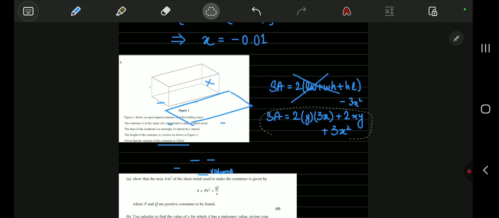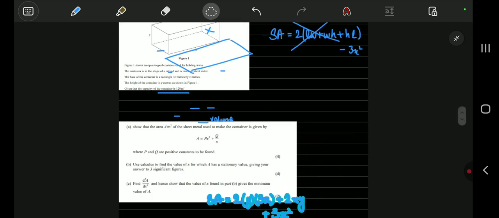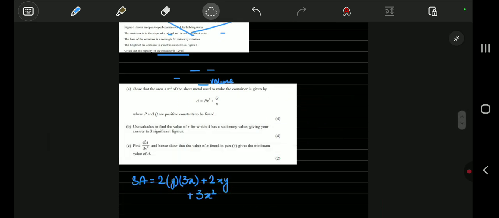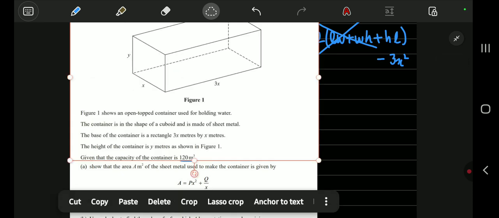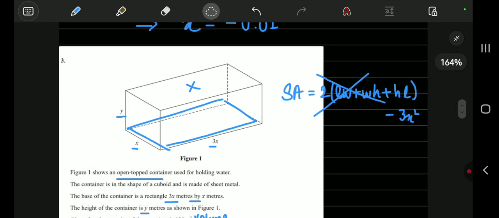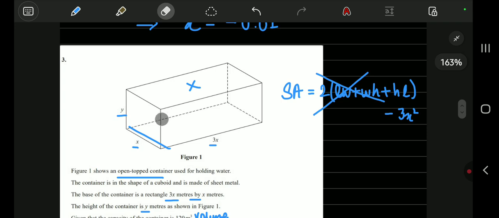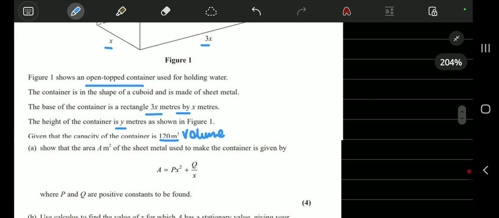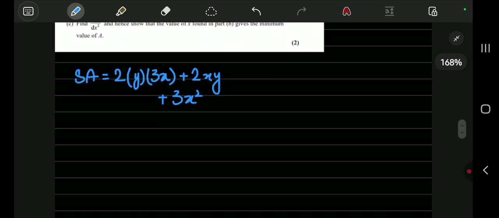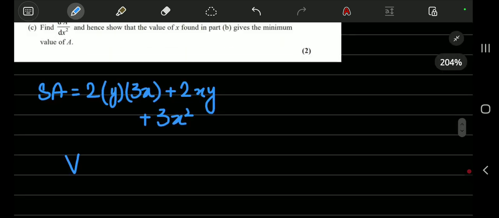Just one second, let me take it down and then arrange it again. Okay, so this is your diagram and this is your surface area. The second thing is the volume is 120 m³.